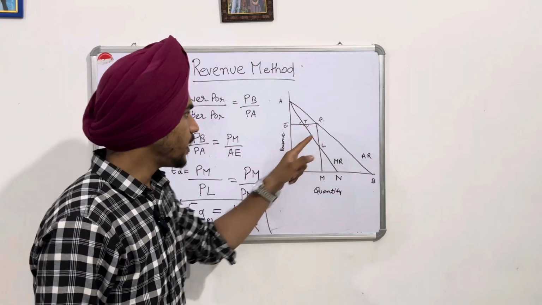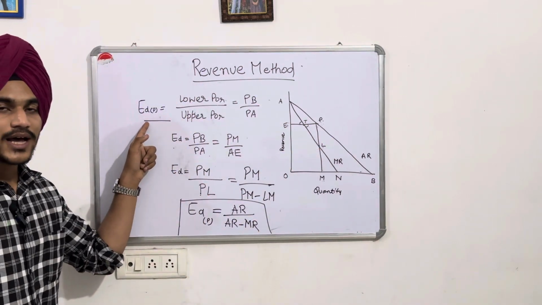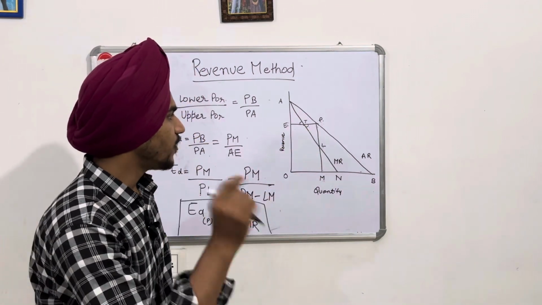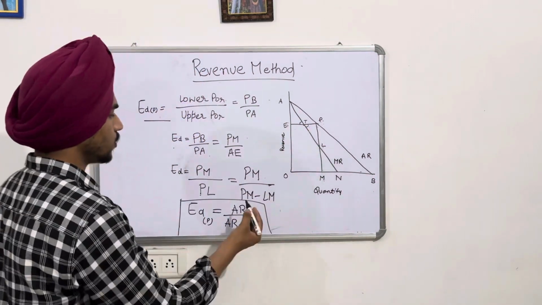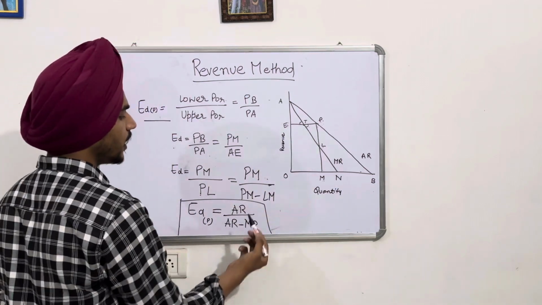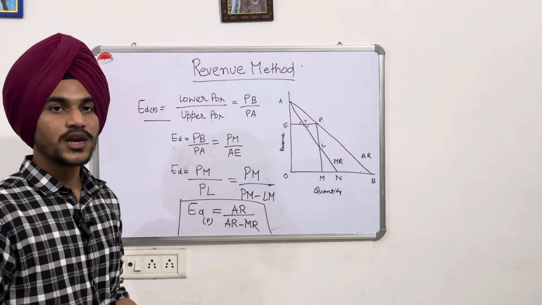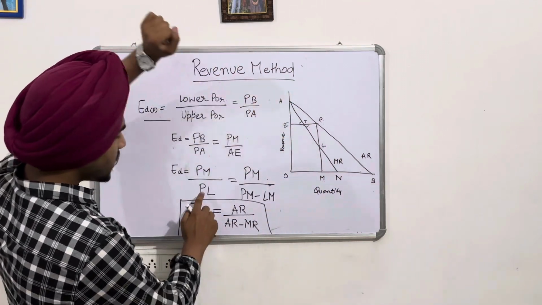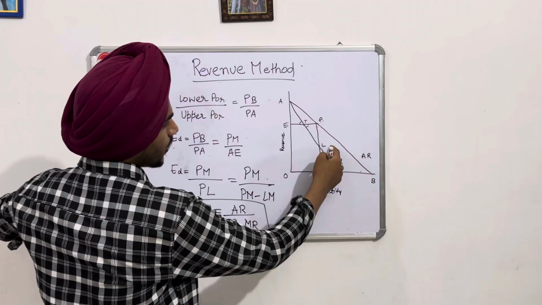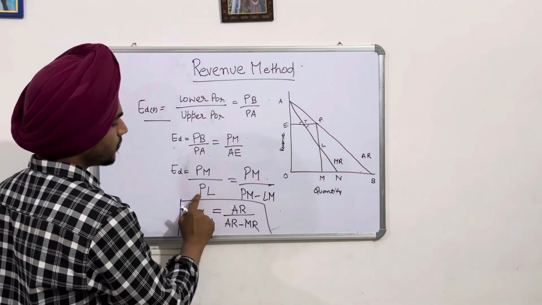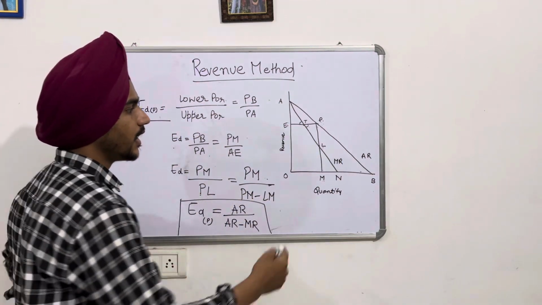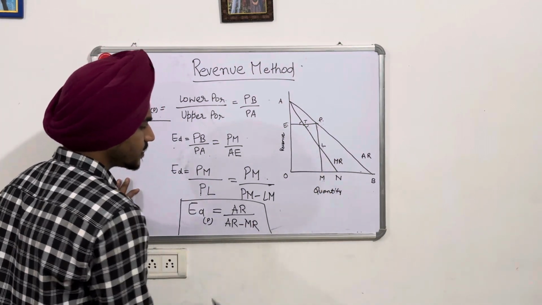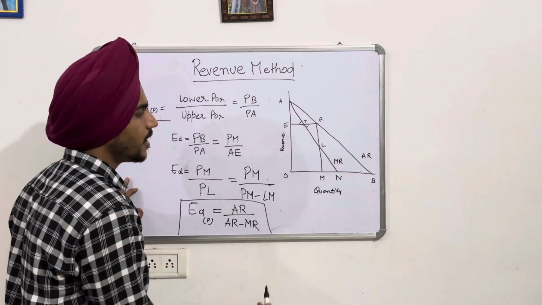This is the same point at which we are calculating the elasticity. So PM here is average revenue at point P. So instead of PM, we are writing AR, average revenue. Now we also know that in place of PL, we have written PM minus LM. So PM again is average revenue, and what is LM?